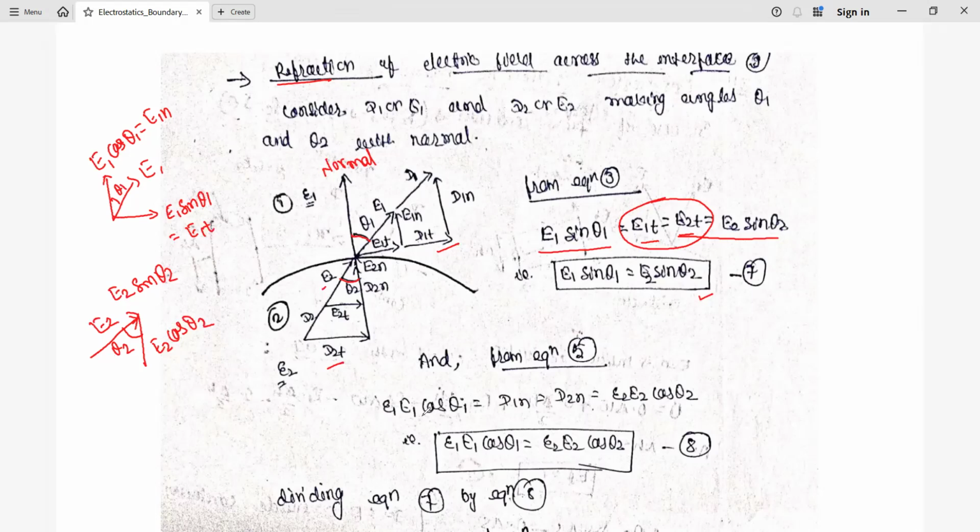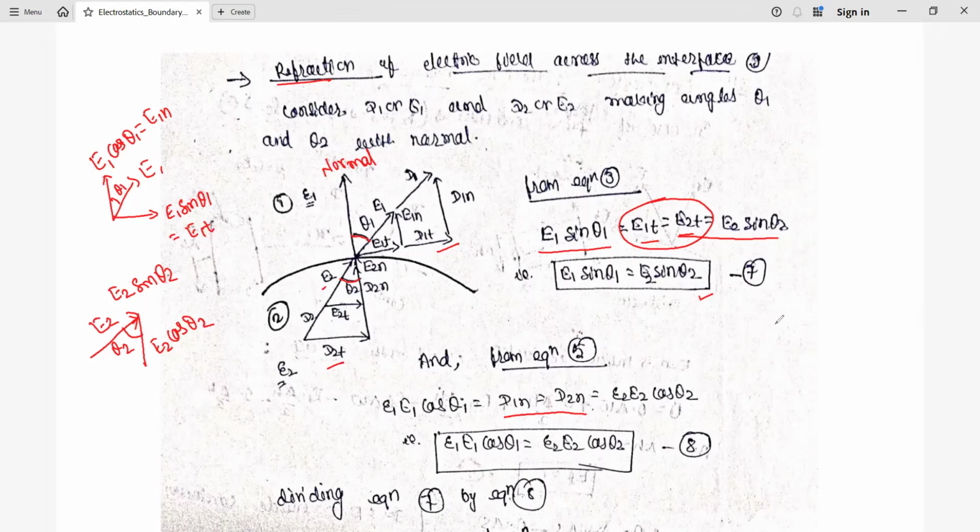Already we have seen that the tangential component of the electric field intensity is conservative at the boundary, and similarly the normal component of the flux density is conservative at the boundary. On the basis of that, we are writing here.